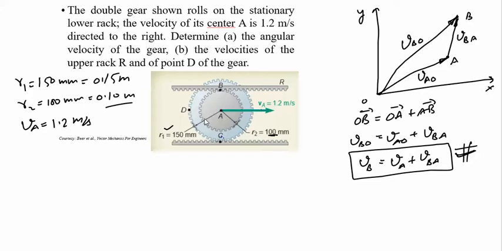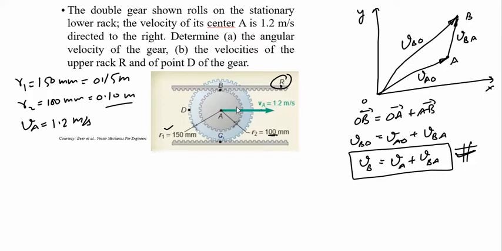So first of all we are going to calculate the velocity of R. See, point R is on the rack, upper rack, and this is the rigid body. Then the velocity of all the points over this rack will be the same.